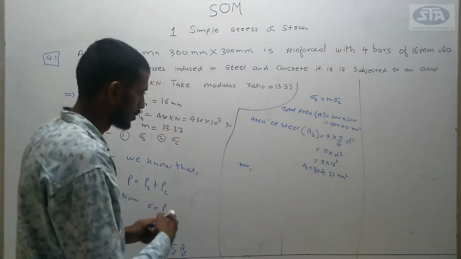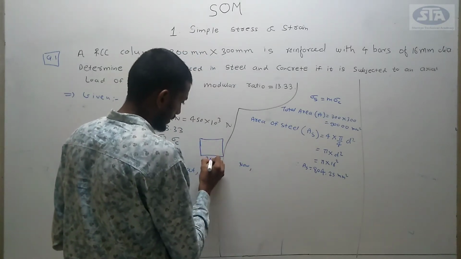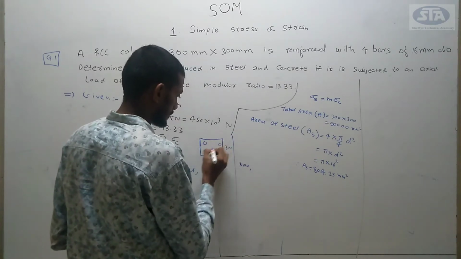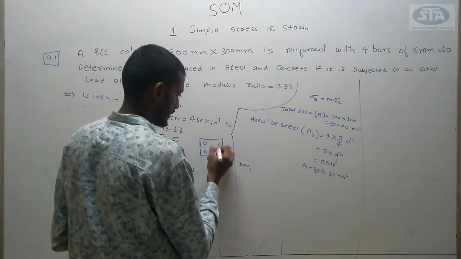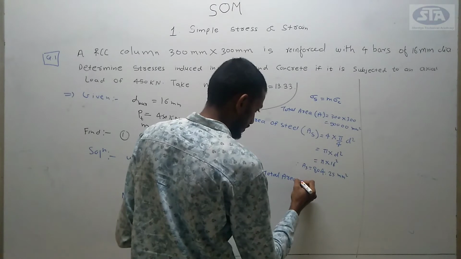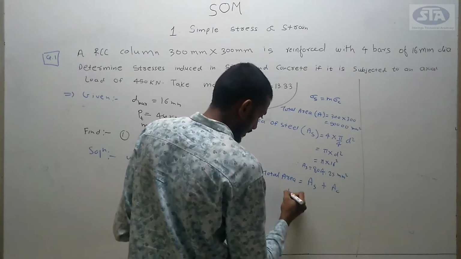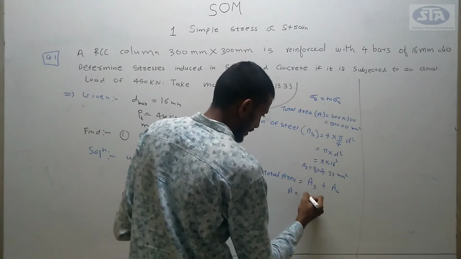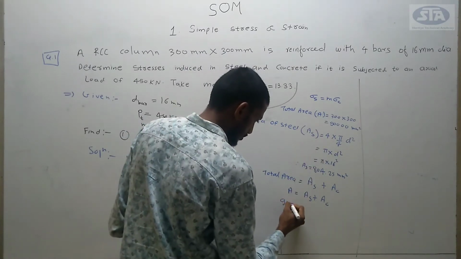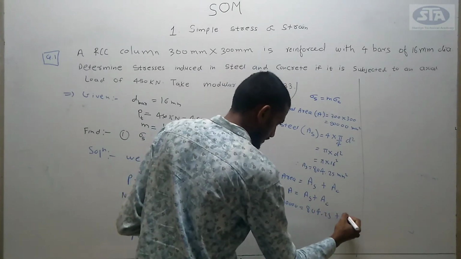Now the total area is 300 into 300, in which 4 rods are inserted and concrete is present. Hence, total area is equal to area of steel plus area of concrete: A = A_s + A_c. So 90,000 is equal to 804.25 plus area of concrete.